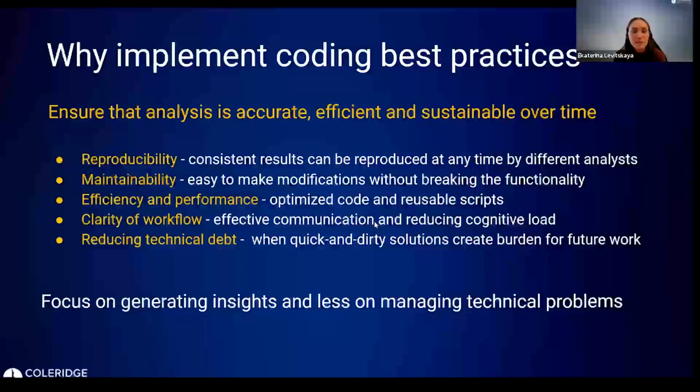And today we will talk a little bit about how we can work up front to create easily reproducible code so that we lay a solid foundation with code that doesn't need constant reworking or patching. And so by adopting the coding best practices, we can not only improve the quality of our work, but also make sure that we create code that is scalable, collaborative, maintainable over time, so that ultimately we can focus on generating insights rather than managing technical problems all the time.